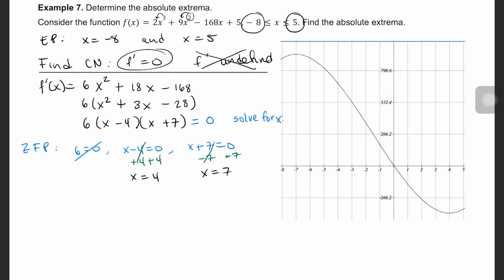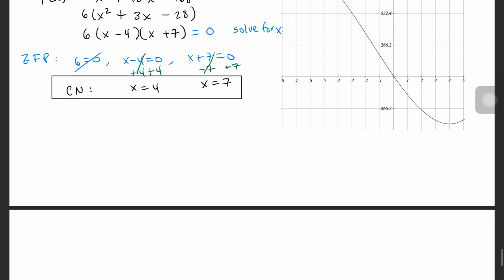So we have found the critical numbers. Let's make sure we box them, because those are a big deal. What we're going to do now is we don't have to test whether these are local max or local min. All we have to do is plug them into the original function and compare the y values.